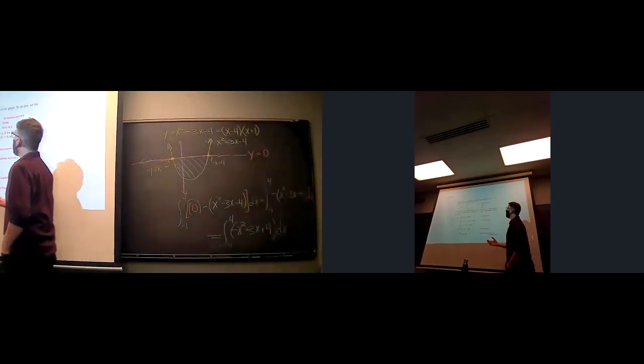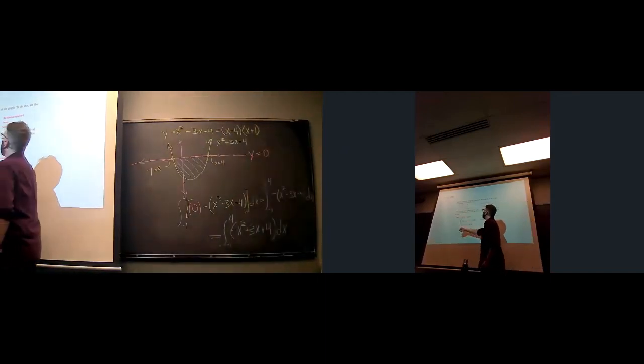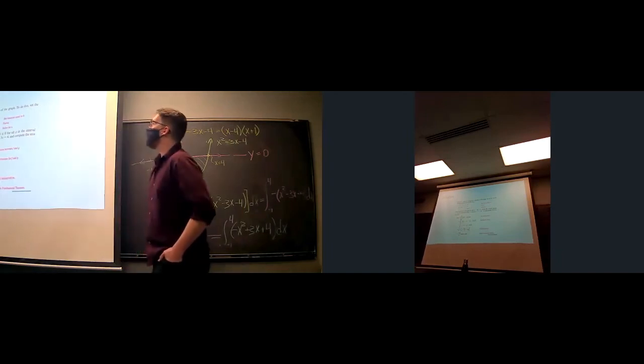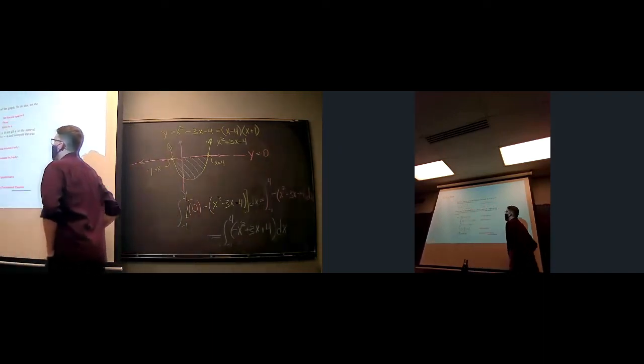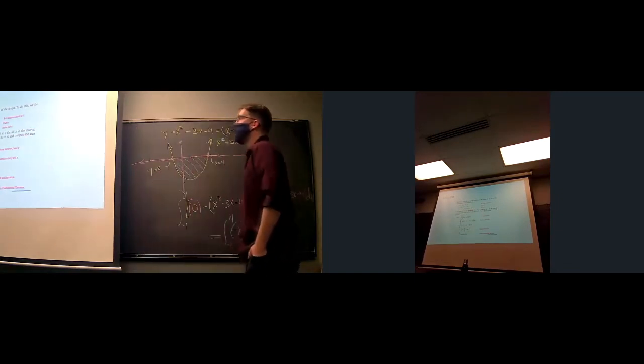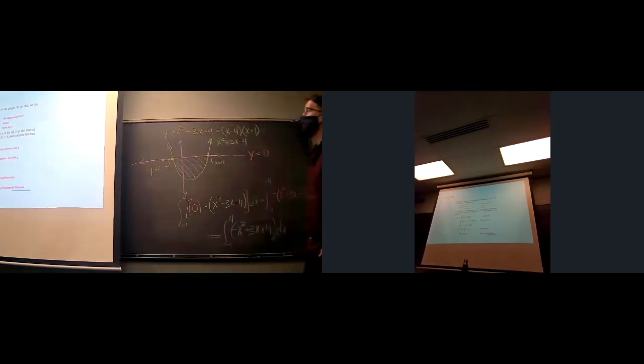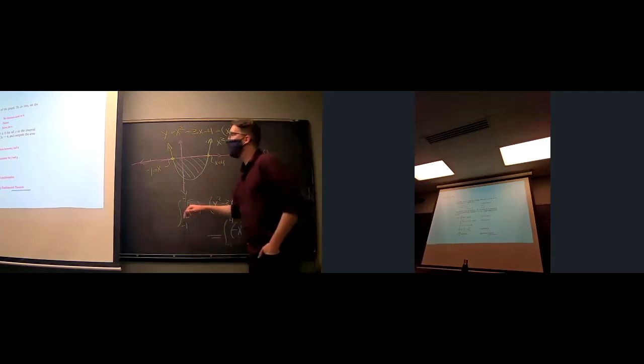So something like this. Now, jumping to the next slide and looking at the actual solution to the integration, they factored out the equation. They found out where all of your intercepts are. They said, okay, you've got an x-intercept at 4 and at -1. So your bounds must be from -1 to 4.